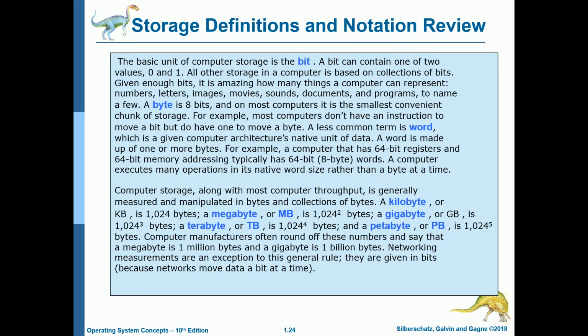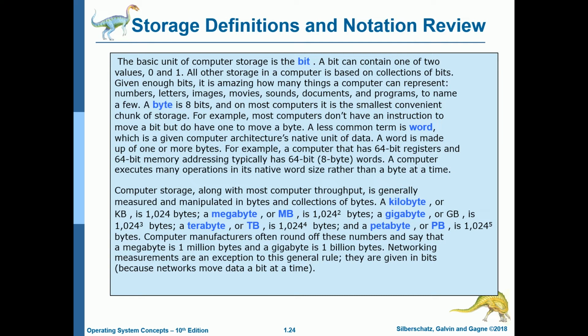Everything in a computer is just a number. Now, going a little further, another term is called a word, which is the computer's given architecture's native unit of data. A word is made up of one or more bytes. So, for example, a computer with a 64-bit register and a 64-bit memory addressing scheme typically has a 64-bit or 8-byte word.